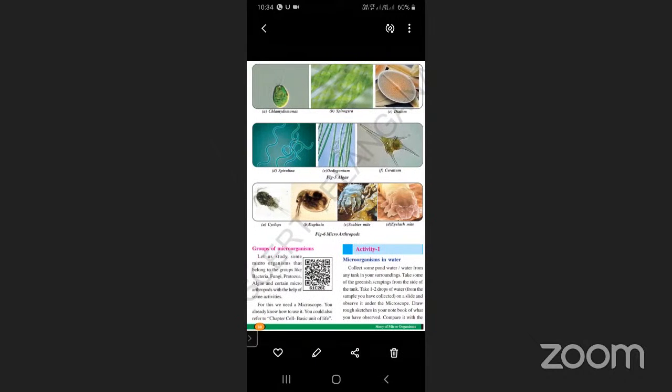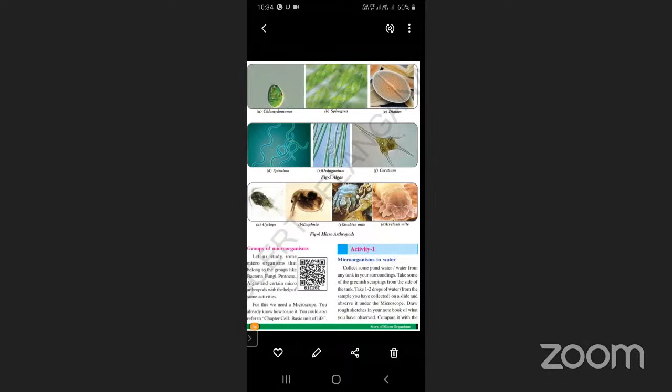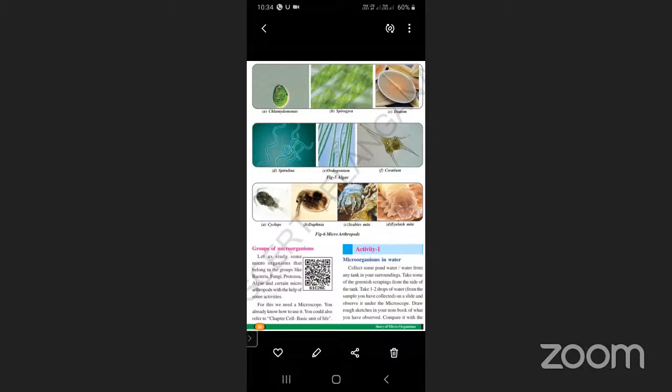Serratium and Cyclops, Daphnia. Next, scabies mite and eyelash mite.